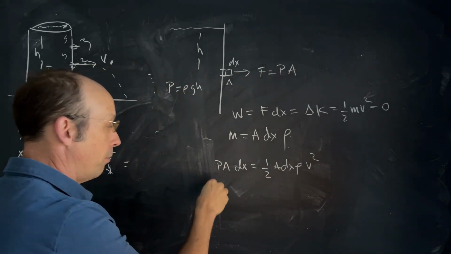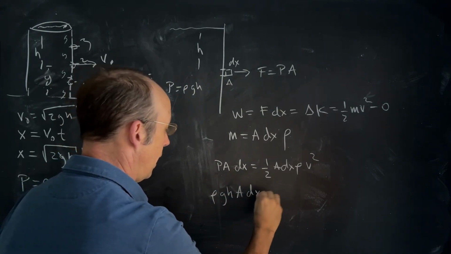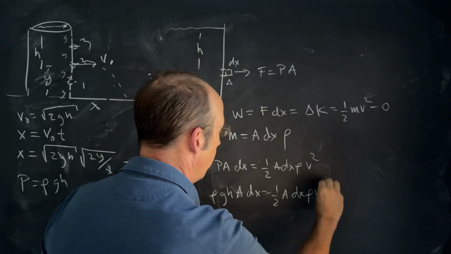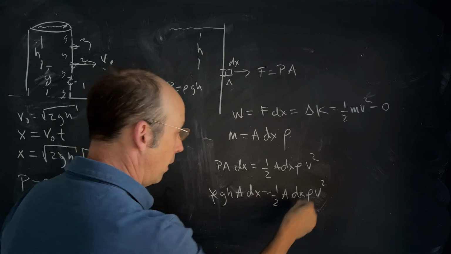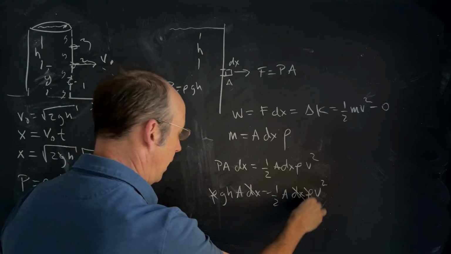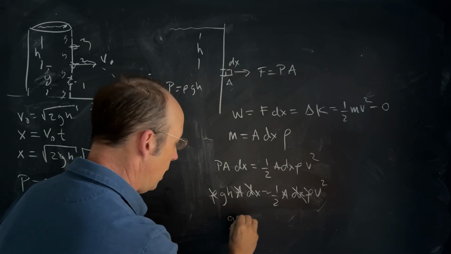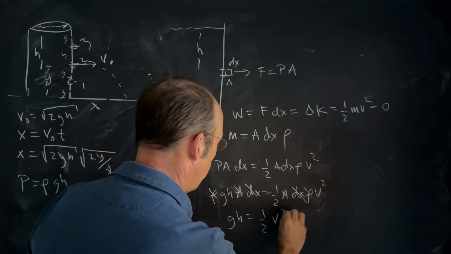Now I want to put in the pressure: rho g h A dx equals 1/2 A dx rho v squared. I know that looks like a lot, but it's not that bad, because look, rho cancels, dx cancels, A cancels. So I get gh equals 1/2 v squared.